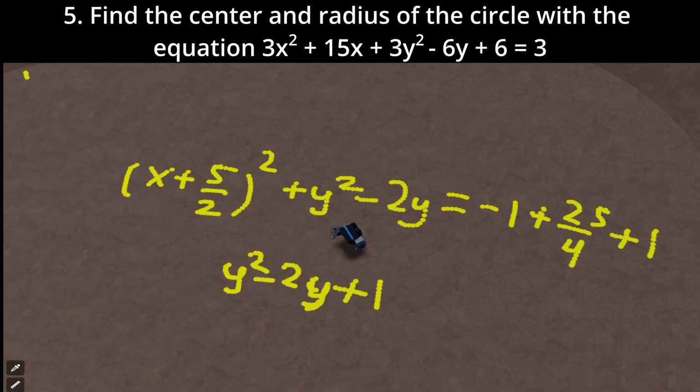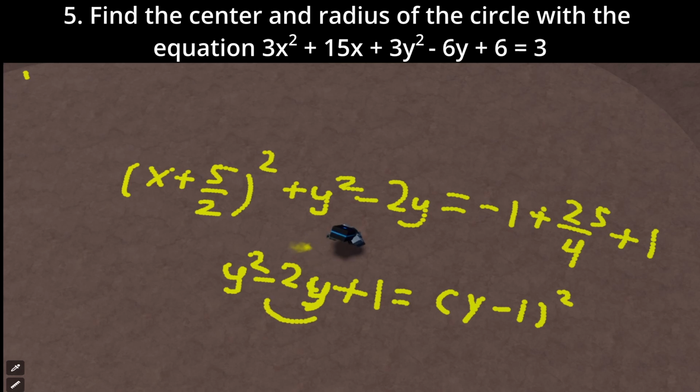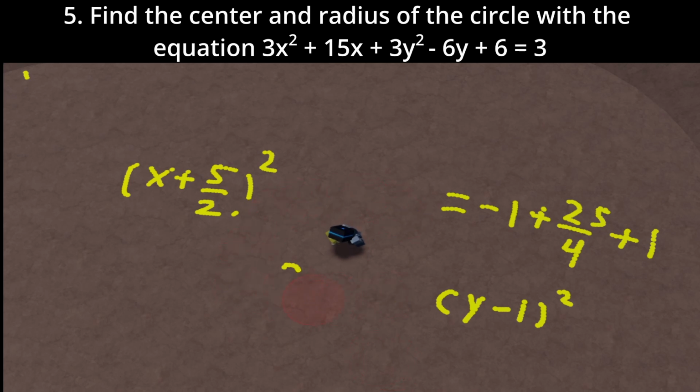And then to factor y squared minus 2y plus 1, that simply factors as y minus 1 squared. And using the quick trick, you just take the coefficient on the middle term and divide it by 2, and minus 2 divided by 2 is just minus 1. That's what goes in here. And then I'm just going to erase this up here and replace it with y minus 1 squared.